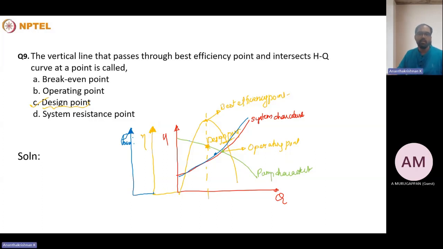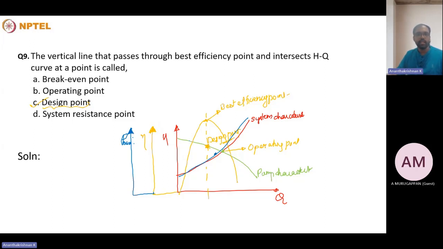So these are the three main characteristics, the variations of the parameters: the head variation with respect to discharge, efficiency variation with respect to discharge, and the power variation with respect to discharge. The operating point is the intersection point between the system and pump characteristic, and the best efficiency point is the peak point, where the efficiency reaches the maximum in the efficiency versus discharge curve.